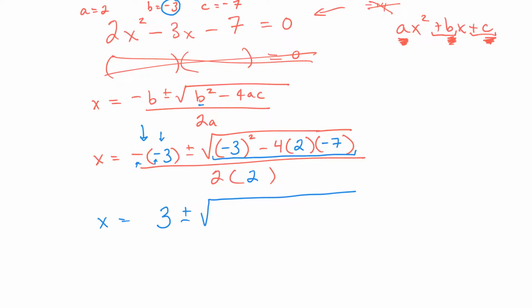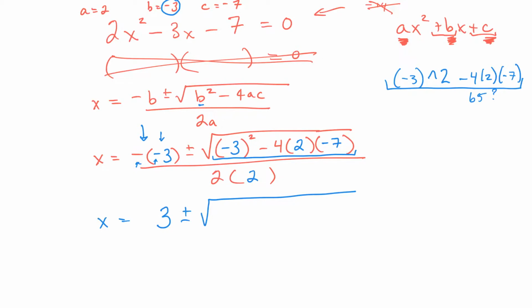Make sure you include the brackets: bracket negative 3 bracket squared minus 4, bracket 2, bracket negative 7 bracket, and say go. I'll work it out down here too, but you can just put that whole thing in your calculator and then put it underneath there.